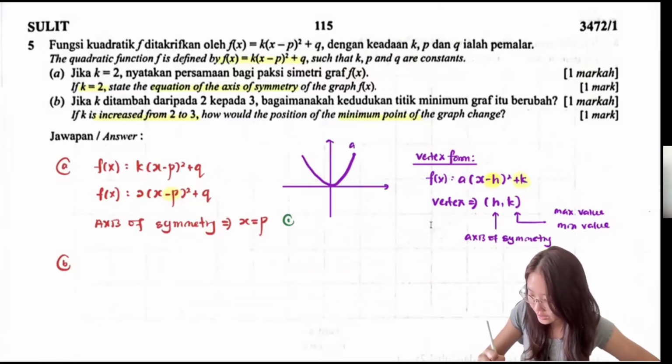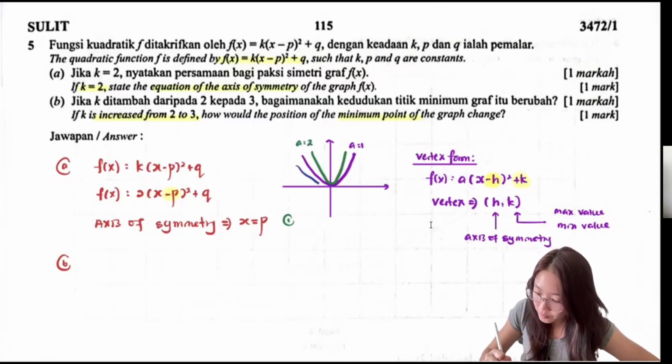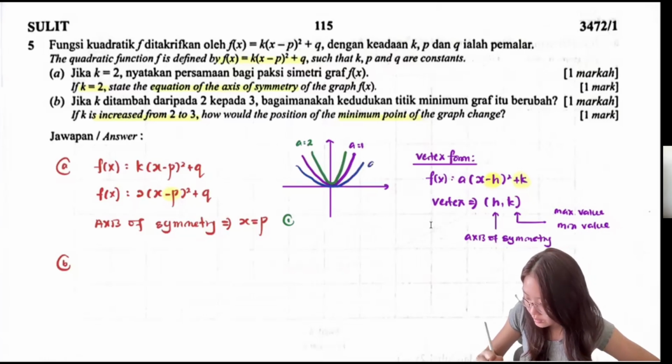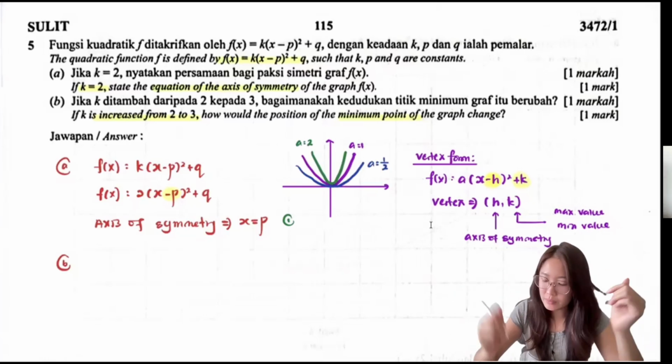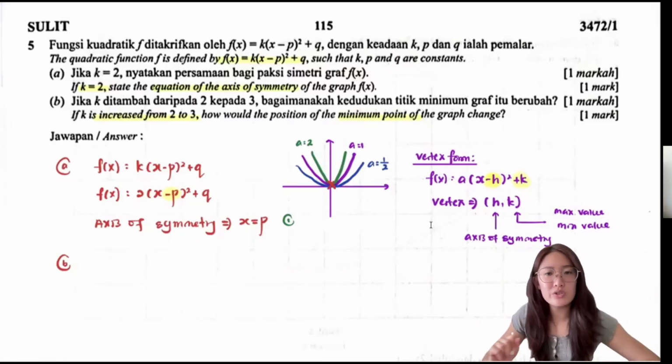Let's say this is a equals 1. What happens if your a becomes a bigger number? Your graph becomes narrower. When your a is a smaller number, let's say a equals 1 over 2, your graph becomes wider, but your minimum point will never change.